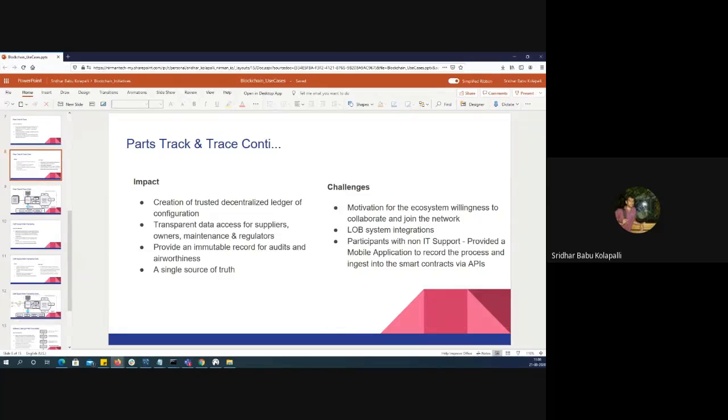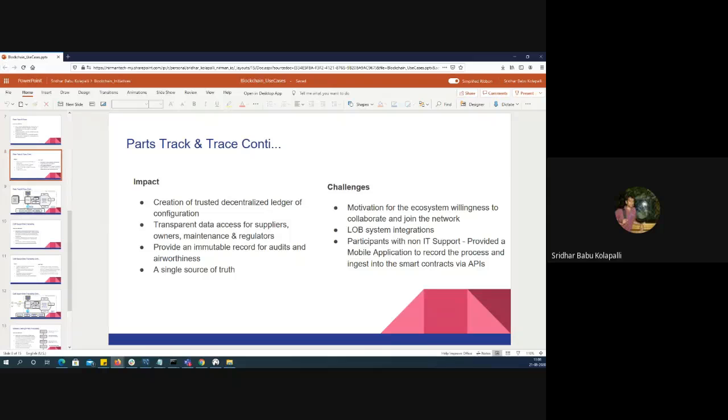But we also have challenges. It's not a cakewalk. Some of the suppliers may not even have IT systems. We cannot assume that all the suppliers in the overall network have IT systems. They are core part manufacturing guys.